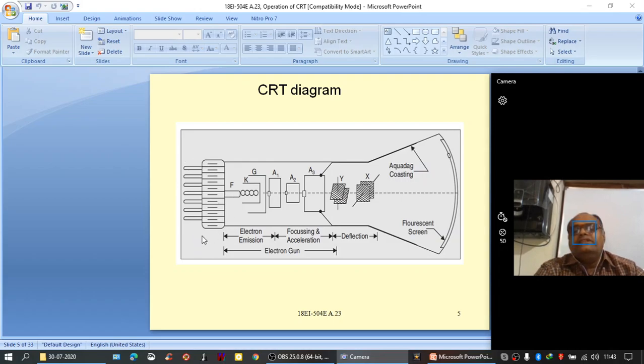The back side of the CRT, near the heater element, is called the CRT base, provided with electrodes to supply voltages of various amplitudes to different parts of the CRT.